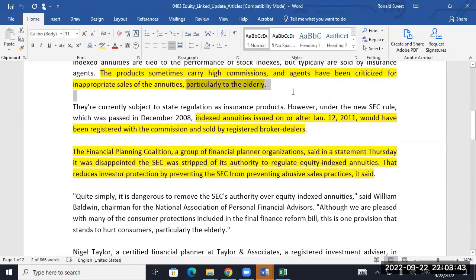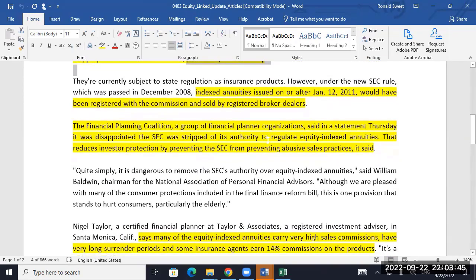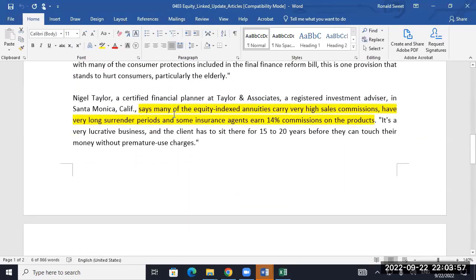They pushed them hard on the elderly. The Financial Planning Coalition said in a statement that they were disappointed. So you can see there's a battle here between the insurance industry and other investment groups. Many equity-linked annuities carry very high commissions and very long surrender periods.